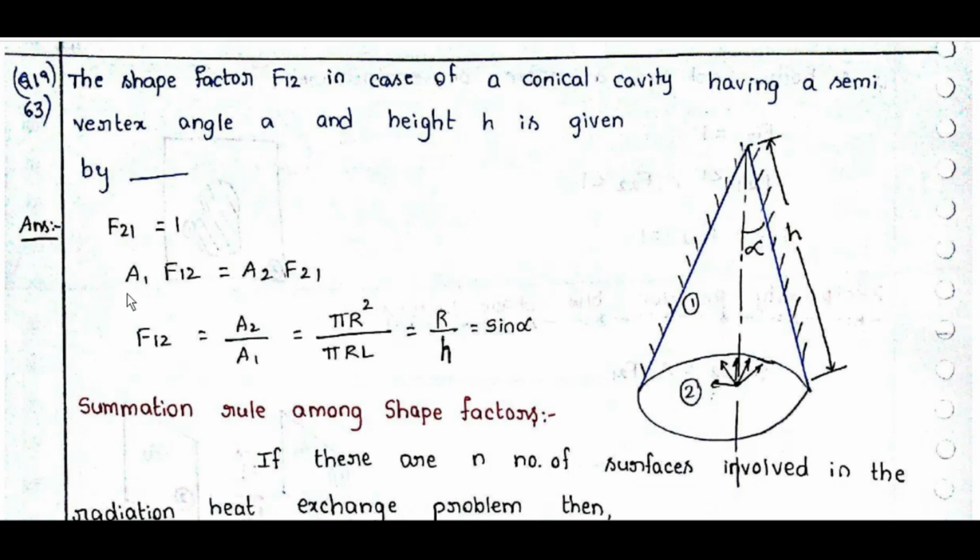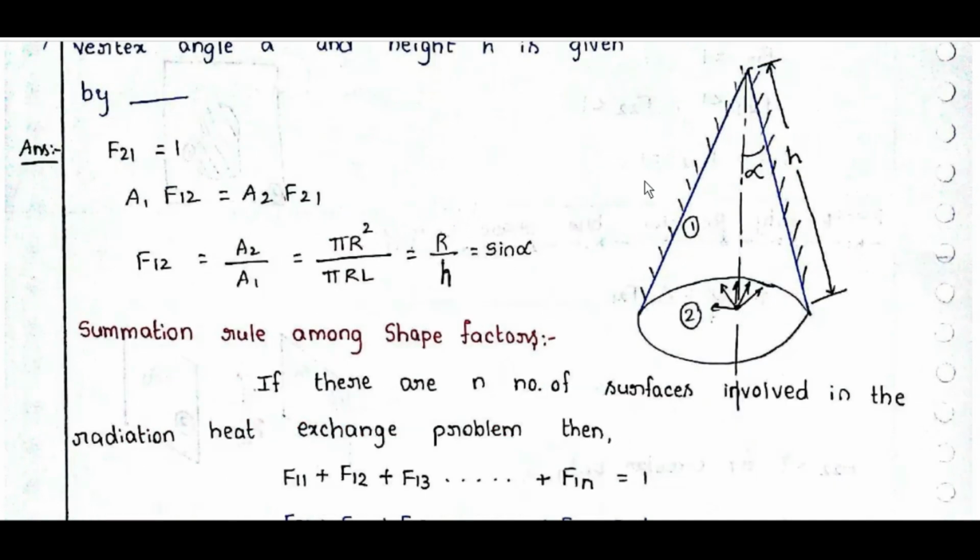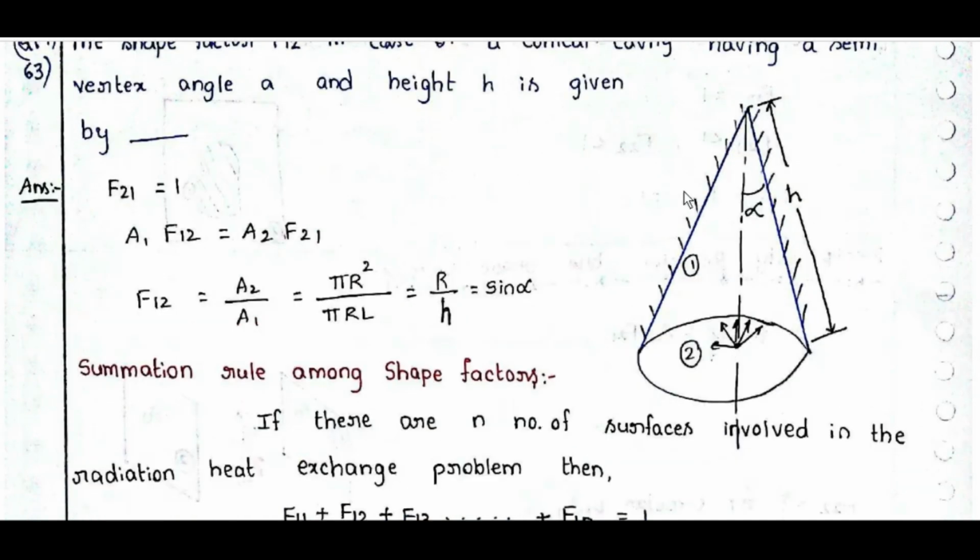A1 F12 is equal to A2 F21, so F12 is equal to A2 by A1, which is pi r square by pi r l. This is r by l, which is equal to sine alpha. This A1 area is pi r l. F12 is equal to sine alpha.